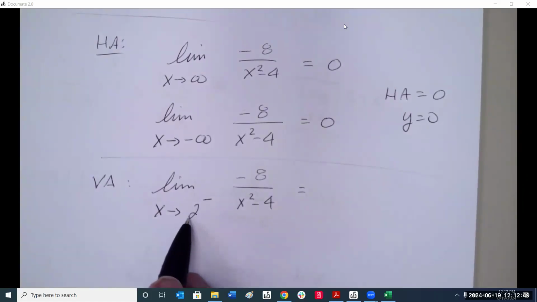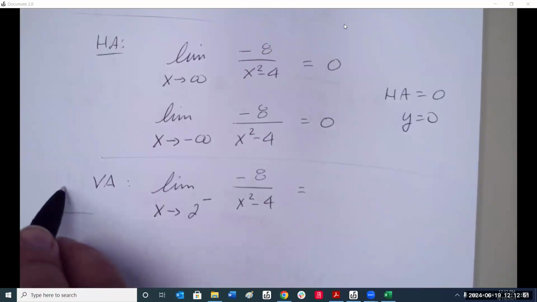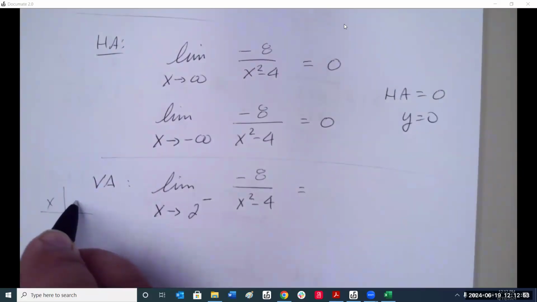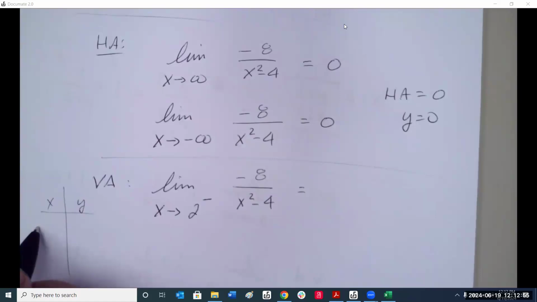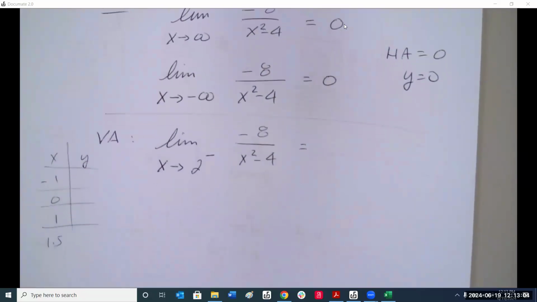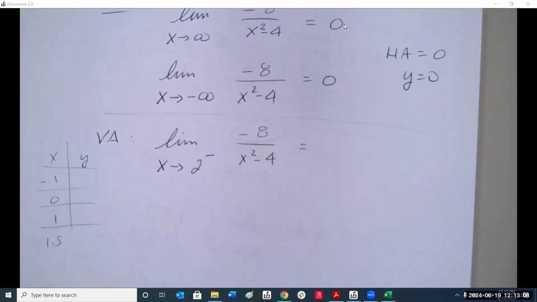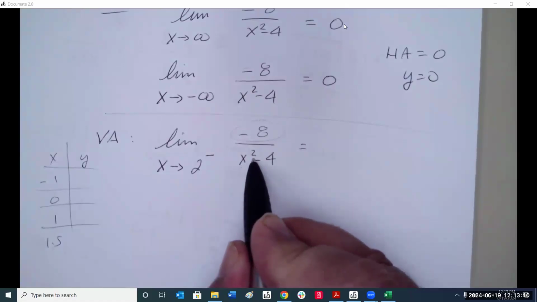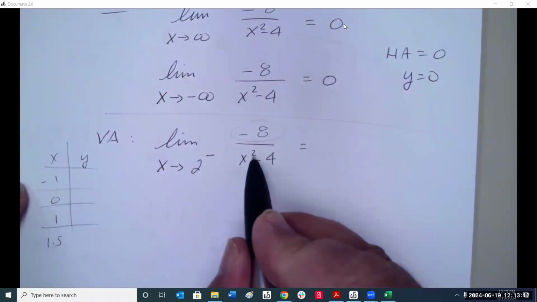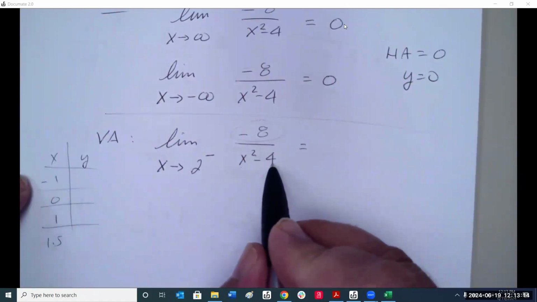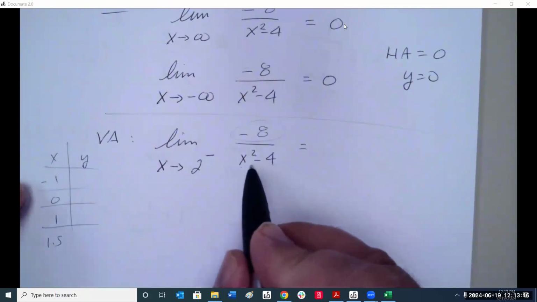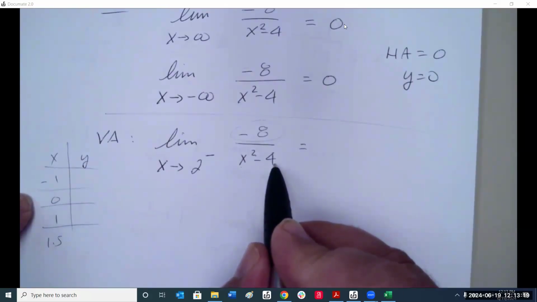Plug in some numbers. As we're getting closer to 2, we have -1, 0, 1, 1.5. We know the top is negative already. And if I take the bottom and square it, -1 squared is 1, 1 minus 4 is negative. 0 minus 4 is negative.